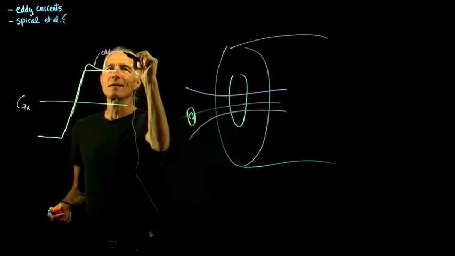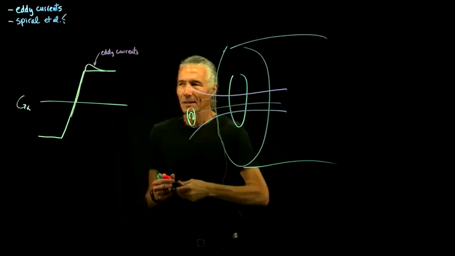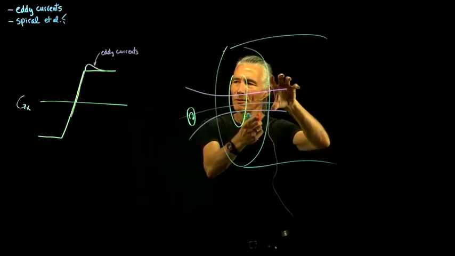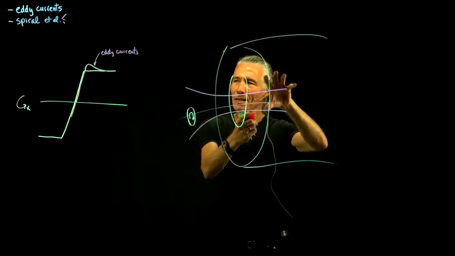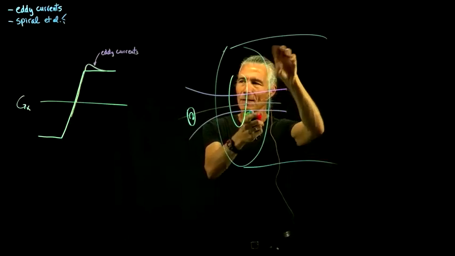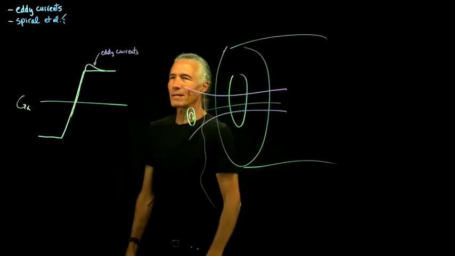The eddy currents are basically from putting current into the gradient coils, creating a magnetic field, and then that magnetic field changing relative to the charges in the steel of the magnet.